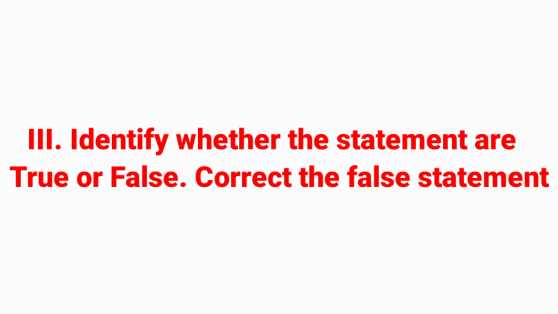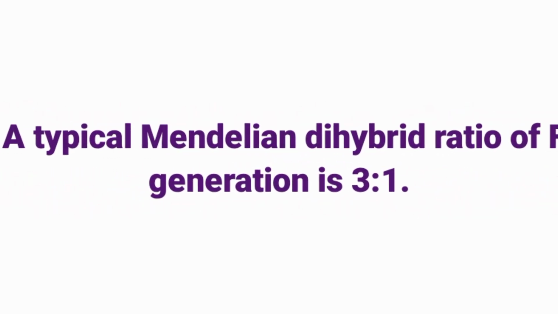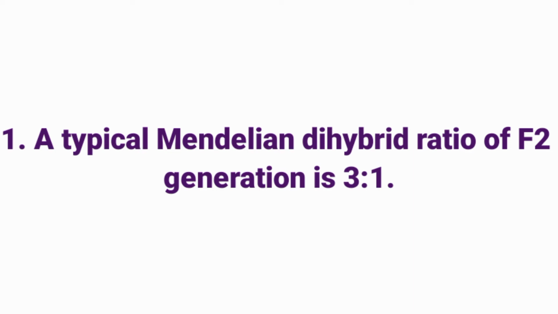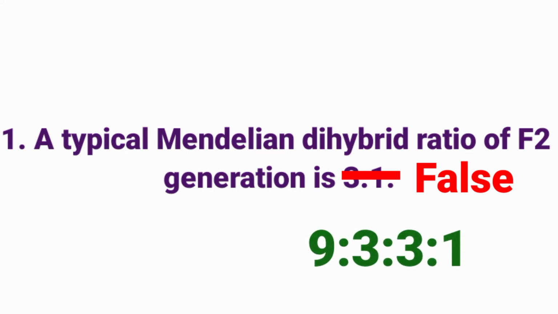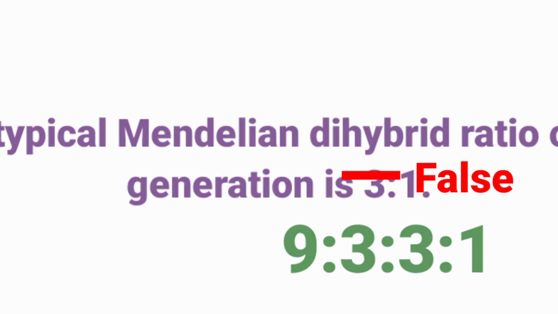Identify whether the statements are true or false. Correct the false statement. A typical Mendelian dihybrid ratio of F2 generation is 3:1. Answer false. The correct statement is a typical Mendelian dihybrid ratio of F2 generation is 9:3:3:1.